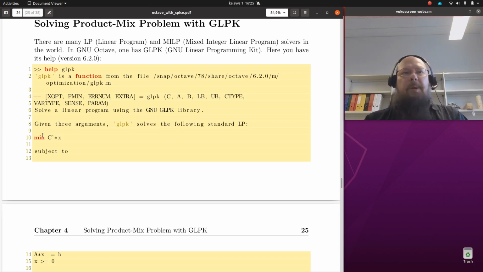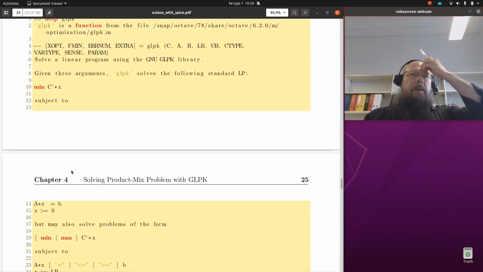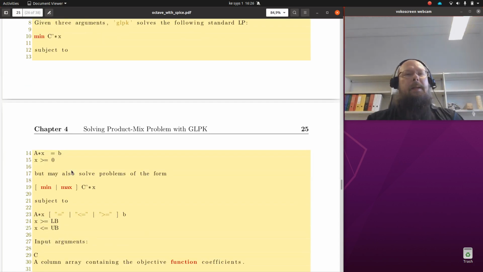GLPK by default assumes a minimization. That's bad. Maybe not too bad. Maybe we can turn maximization and minimization around somehow easily. And actually we could. But the next is A times X and B.